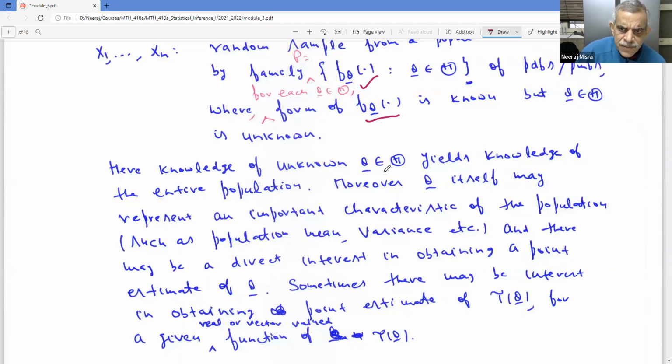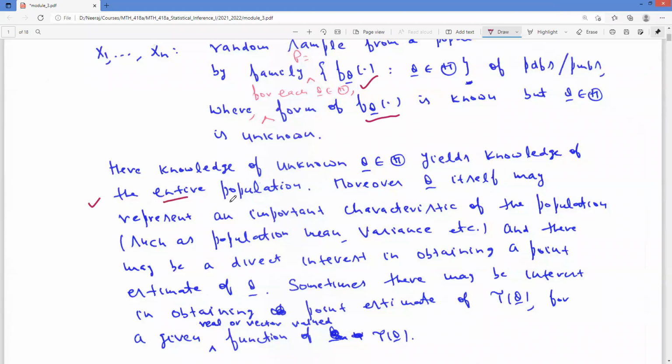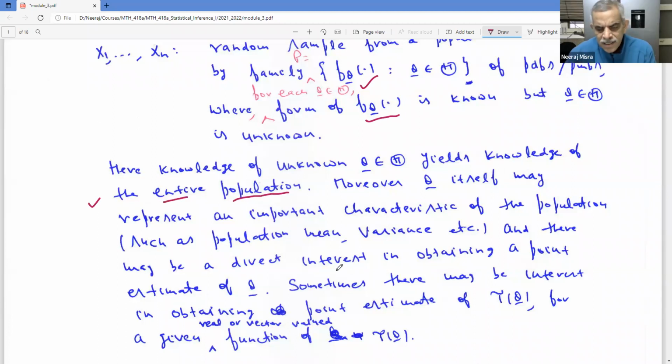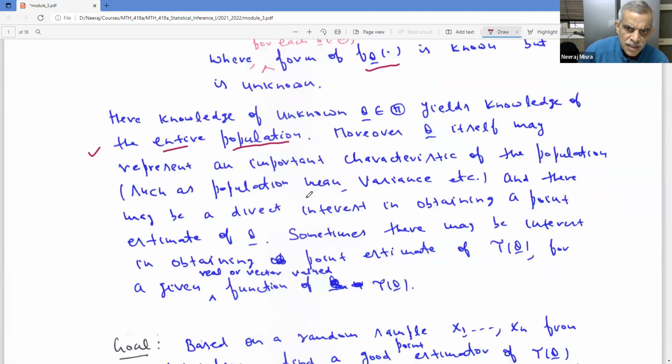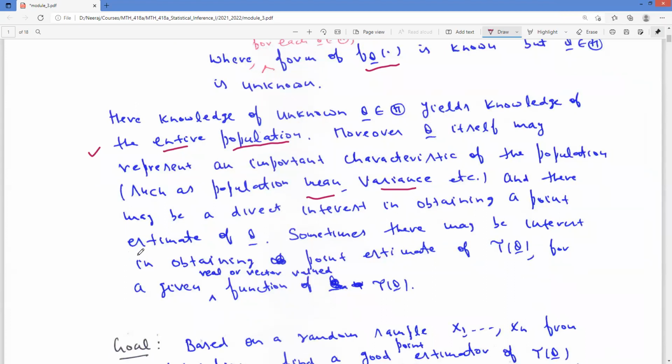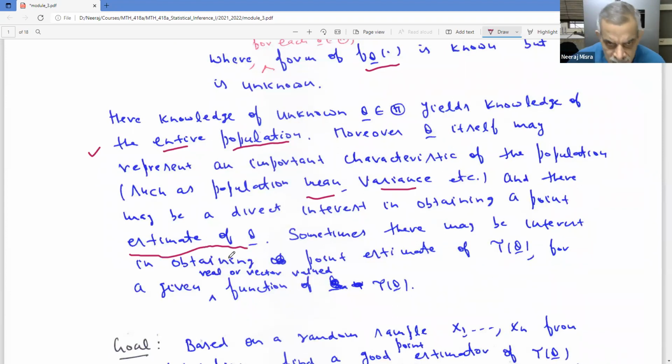Now here, knowledge of theta yields the knowledge of the entire population. Right? So estimation of theta becomes important. Moreover, theta itself may represent some important characteristic of the population, such as population mean, variance, etc. And there may be a direct interest in obtaining an estimate of theta based on the sample, because that is the only information you have about the population, in terms of a sample.